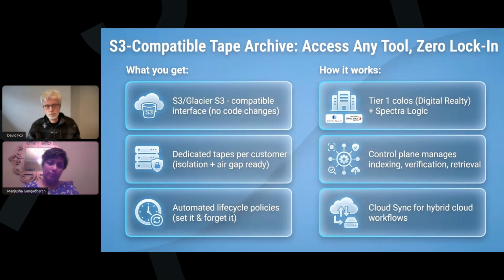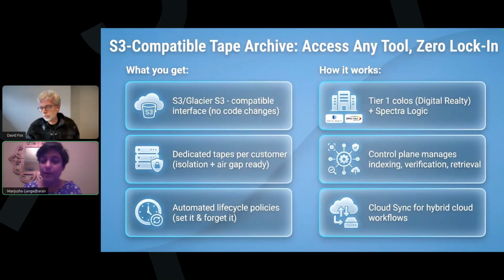So, like I said, access any tool, zero lock-in. What you get is an S3, Glacier S3 compatible interface, dedicated tapes per customer, automated lifecycle policies. You can use any application that has lifecycle policies, have it integrated with Geyser, set it and forget it. At the back end, right now our colo partner is Digital Realty.